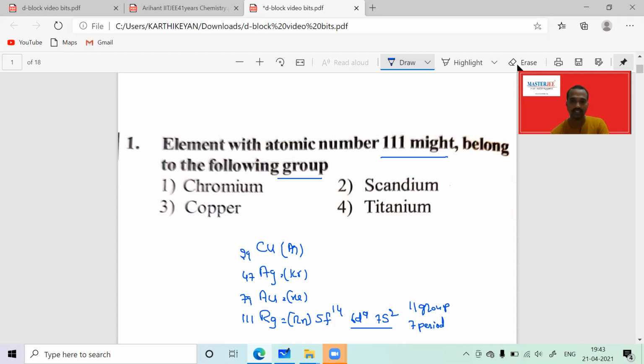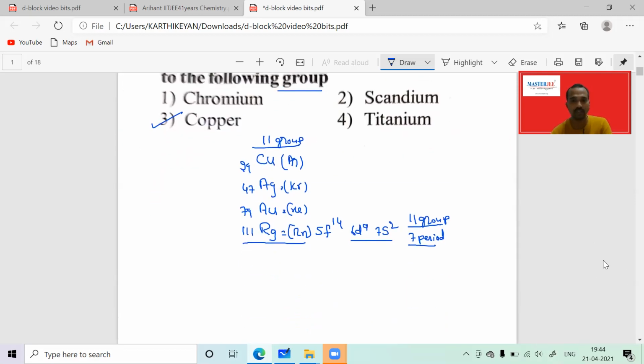The 11th group elements are copper, silver, gold, and roentgenium. So the 7th period, 11th group element is roentgenium, which belongs to the copper group. In that way, we can easily identify this element.